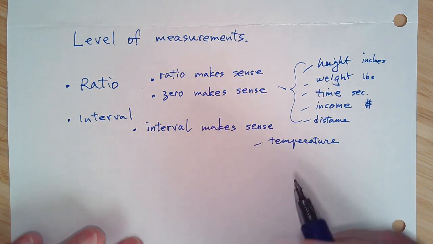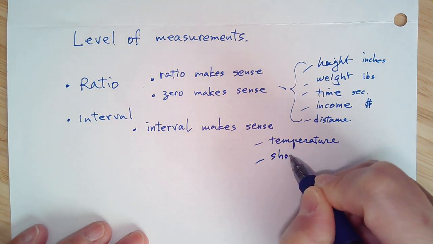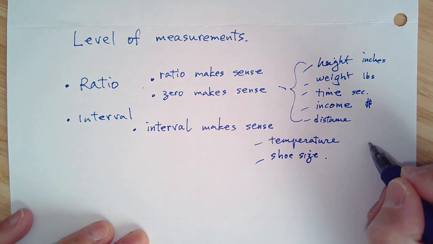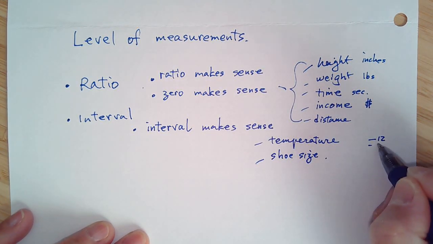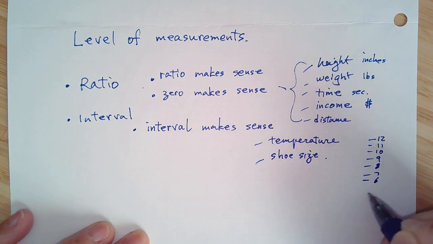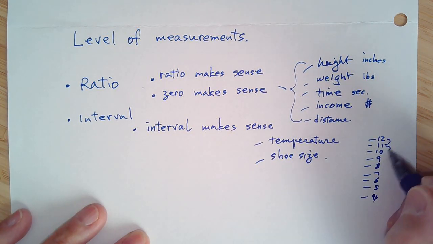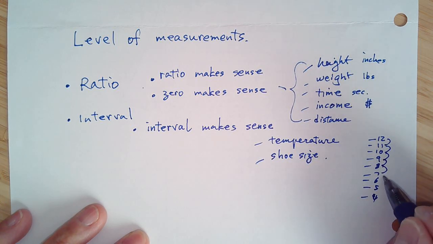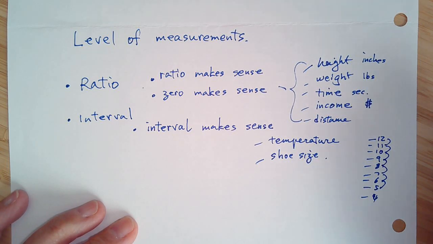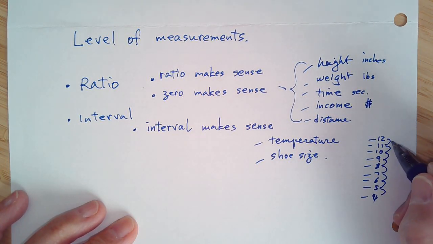Oh, the shoe size. Okay. Shoe size, you might see the size like 12, 11, 10, 9, 8, 7, 6, I don't know, 5. Is there any 4? I'm not 100% sure. Okay, so this interval makes sense. If you go to the shoe store, if you look at the thing they put on the ground, they ask you to measure your foot size, then you're gonna see the difference between each number to the next one is the same.